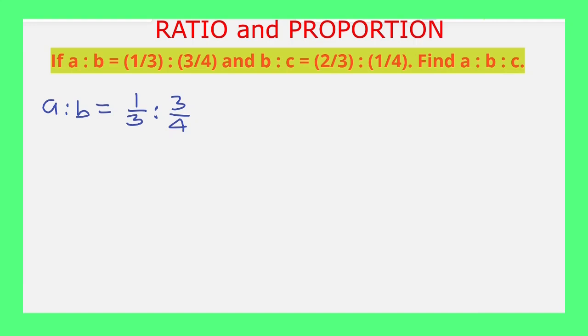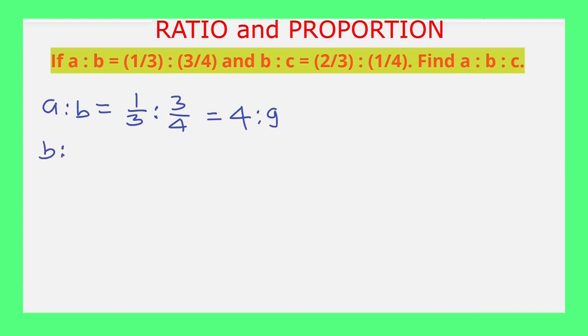So we multiply both the fractions by 12, then the ratio is not going to change. It will remain the same. So on multiplying 1 upon 3 by 12, we get 4. And 3 upon 4 by 12, we get 9, as 4 cancels 12 for 3 times and 3 multiplied by 3 is 9. So A ratio B becomes 4 ratio 9.